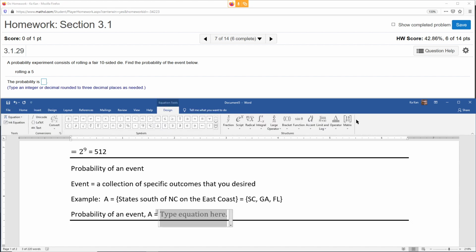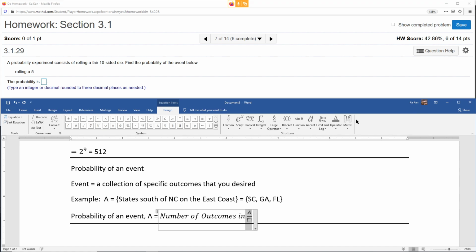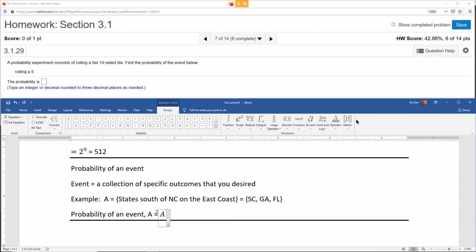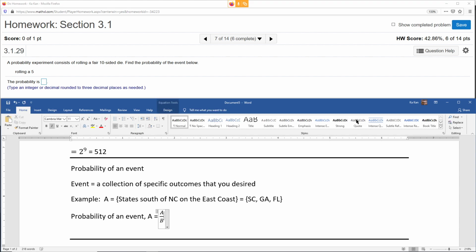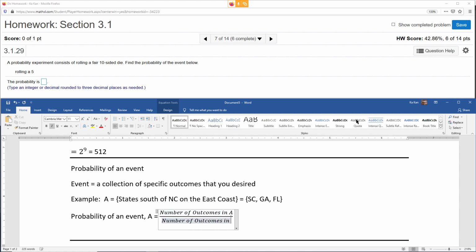It's always going to be the number of outcomes in A divided by the number of outcomes in S, which is the sample space, right?